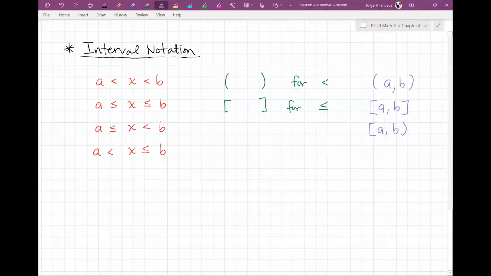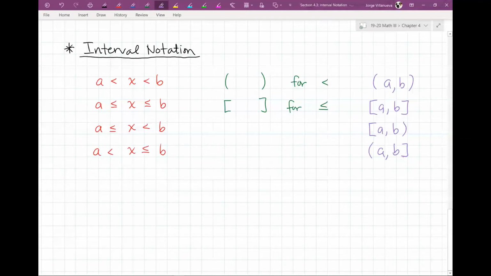Because notice on the left side of that third inequality, it says A less than or equal to X, so that means we put a bracket on it. And then it says less than B, so that's why you put a parenthesis next to it. Okay, and then the last one, notice A is less than, right? So that's going to be a parenthesis. And then it says less than or equal to B, so that means you're going to put a bracket on it.